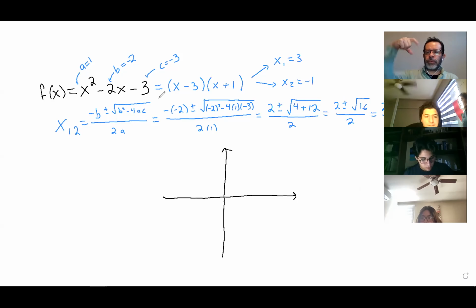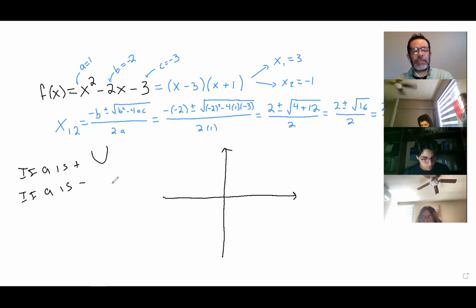So is it facing upwards or downwards? How do we know that? We know that by the value of A. Is A positive or negative? Positive. Remember this. If A is positive, it's like this. If A is negative, it's like this. So in this case, A is positive, so it would be facing upwards.